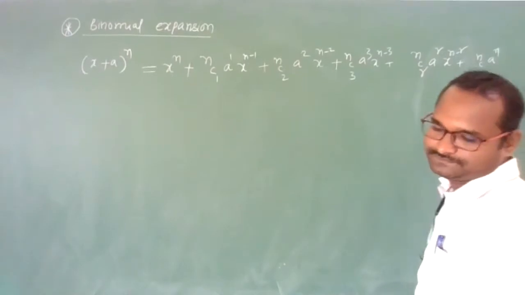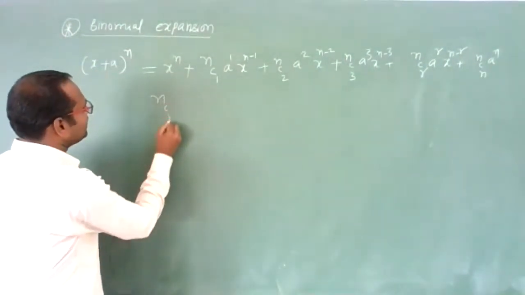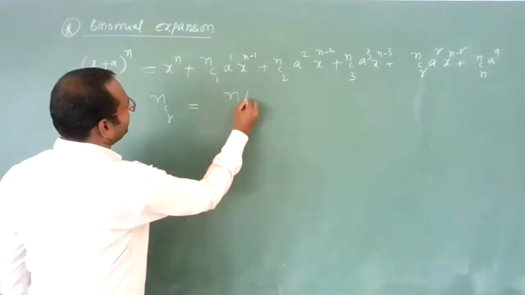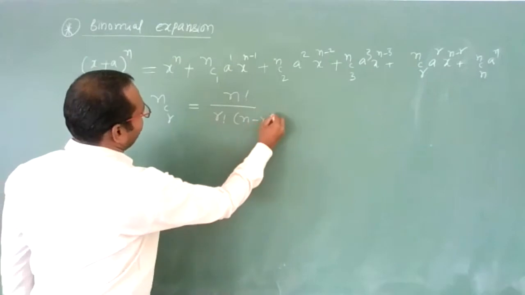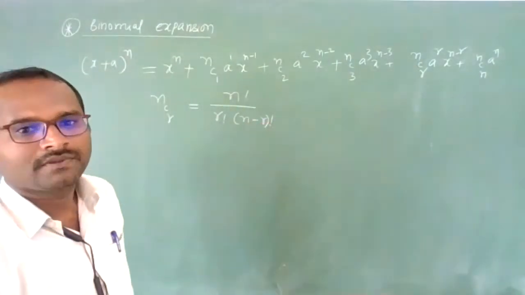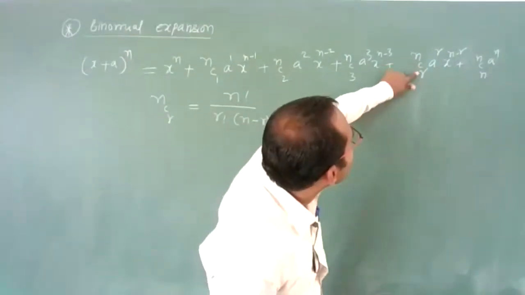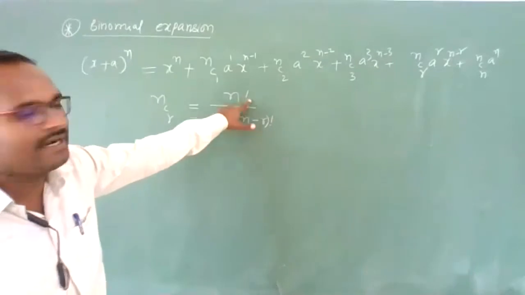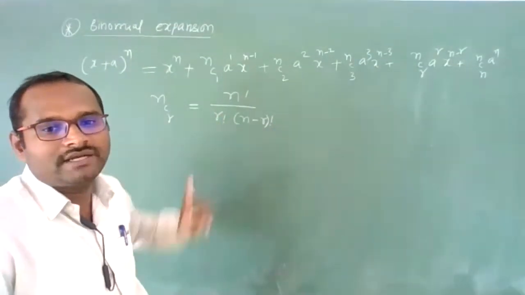Clear? Now what is nCr here? nCr is nothing but n factorial by r factorial into n minus r factorial. You need to remember this point.